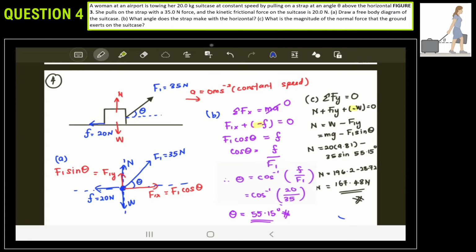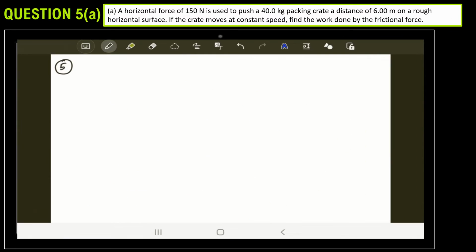Let's proceed to question number 5. We start question number 5 with 5A first. We have a horizontal force of 150 Newton used to push a 40 kg packing crate a distance of 6 meters on a rough horizontal surface. So we have the surface, and this is the crate.